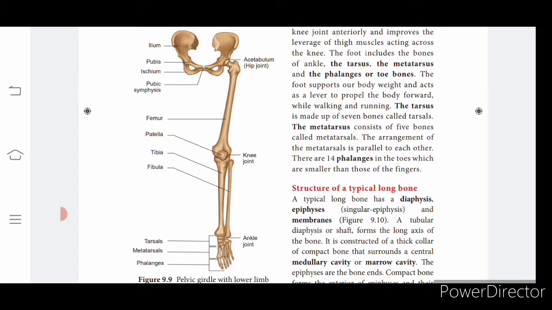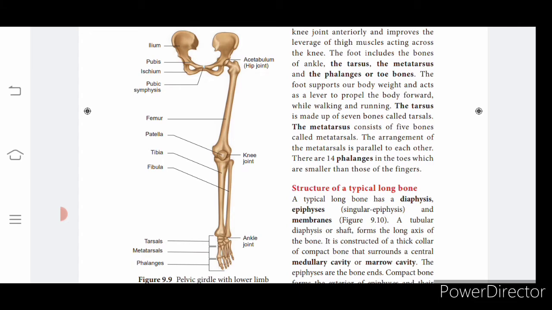Then one lower limb is shown here, the femur. The femur is the thigh bone. It is attached to the coxal bone, where you have the cavity called the acetabulum.